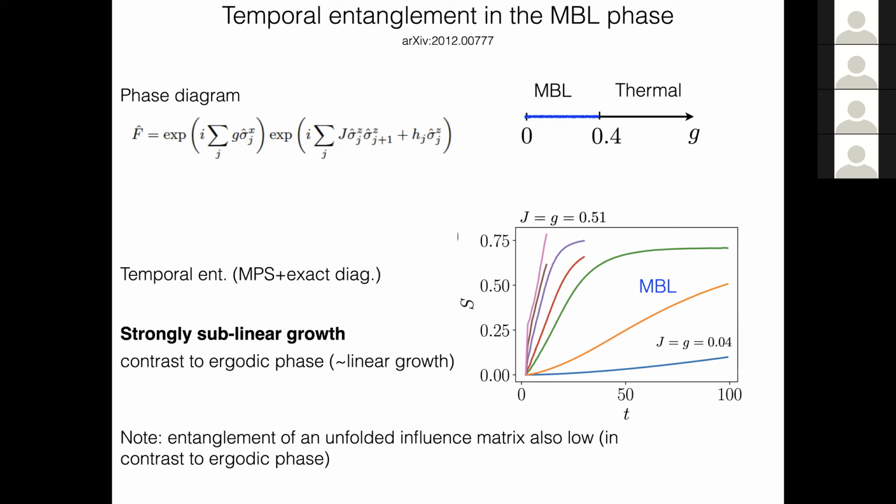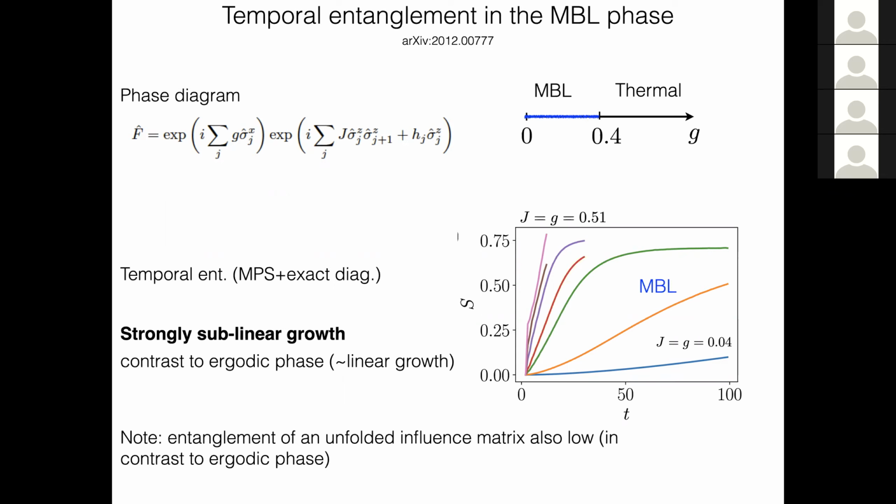What you find is that in the MBL phase, growth of the temporal entanglement is very slow. It's strongly sublinear, so you see it on this plot, right? It appears that entanglement entropy saturates as a function of time. And this is in contrast to the ergodic phase, and especially the transition, where entanglement grows faster, right? It seems to grow linearly, at least at short times.